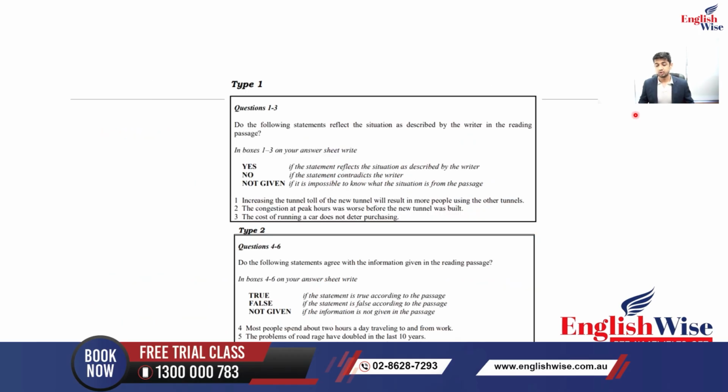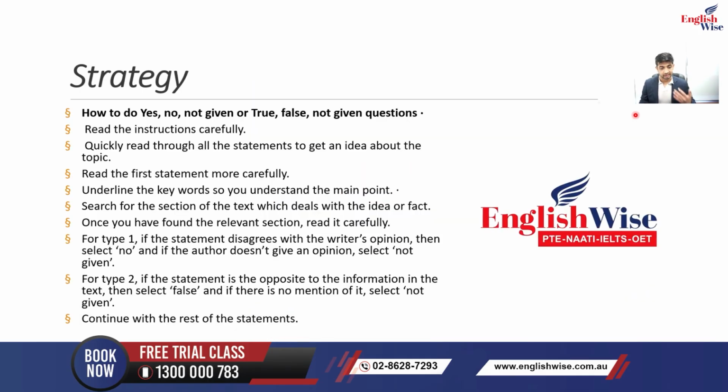It may appear to you in 2 different types: yes, no, and not given, or true, false, and not given. You need to figure out the instructions of the question and read through the statements to get an idea as to what topic they are talking about. Read the statement carefully, underline the main part of the question. Search for that section in the text where you think it is dealing with that idea or fact.